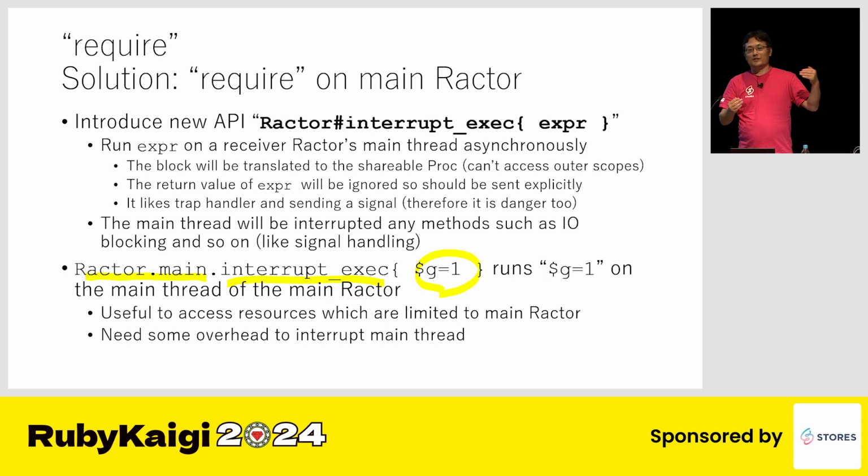But sending a signal interrupts such a read method and calls the trap handler. After the trap handler was called, it restarts the read system call. So the proposed interrupt exec method does the same thing.